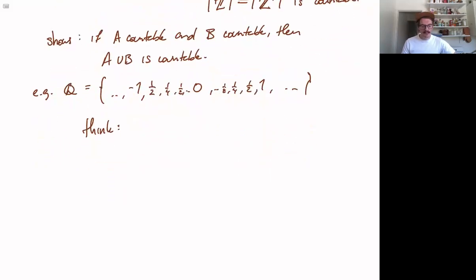So think about it like this. Let's write them down in a grid. So we can get every rational number as a fraction of integers.